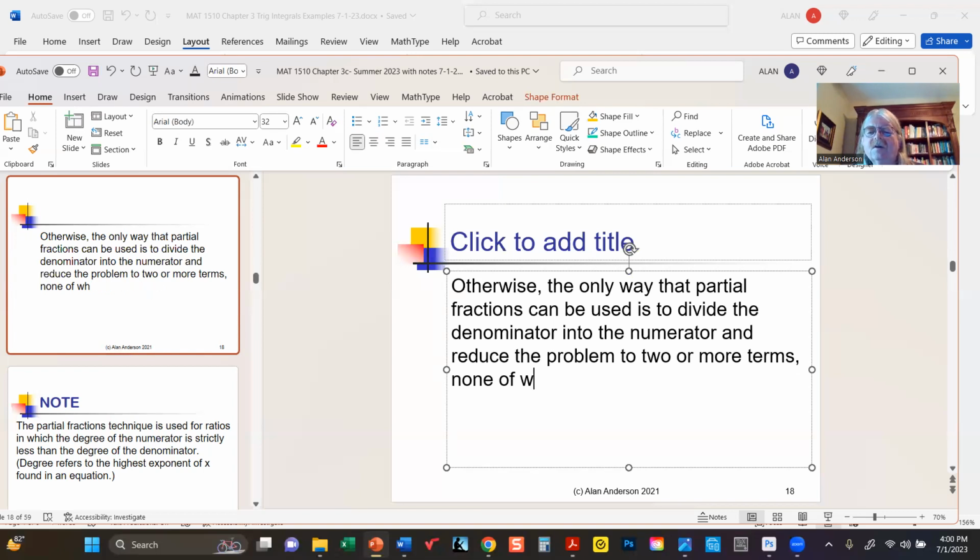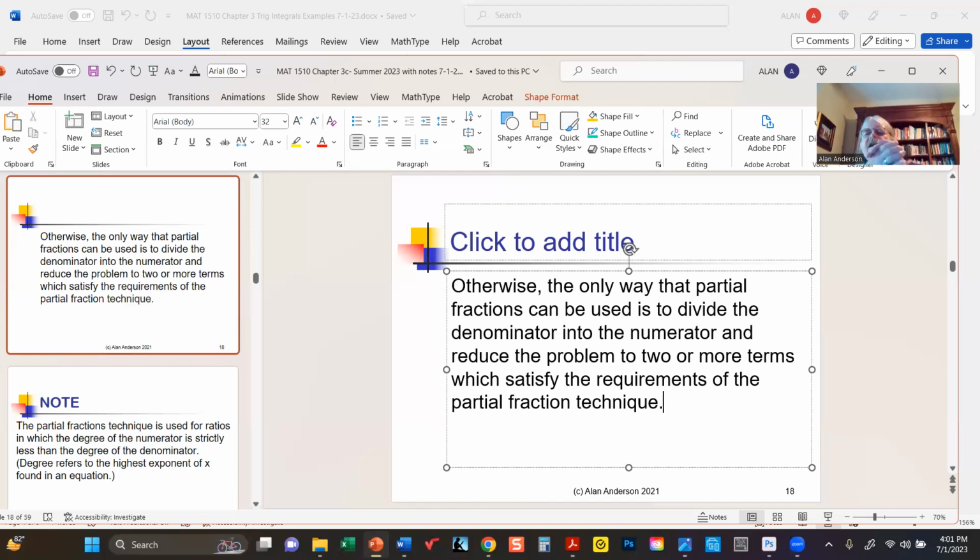Actually, this is very awkward to word in English. Two or more terms which satisfy the requirements of the partial fraction technique. Okay. In other words, you can't just leave it like that.